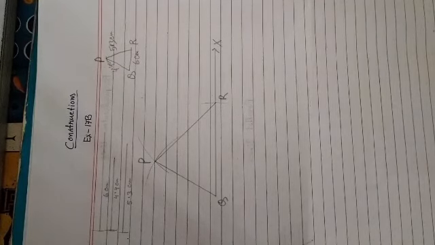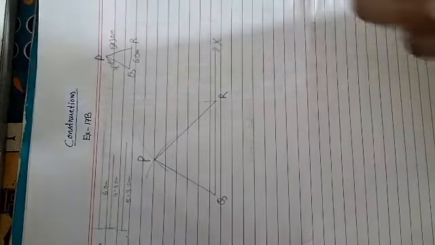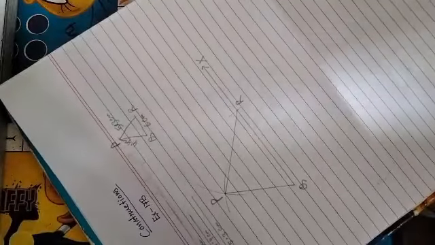Now the last line, draw the bisector of angle P. Angle P bisector we have to draw. That means how to draw the angle bisector?